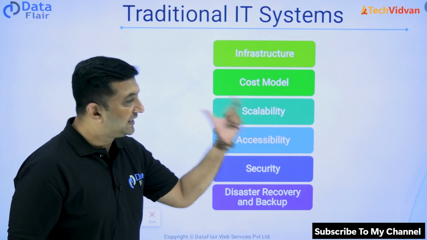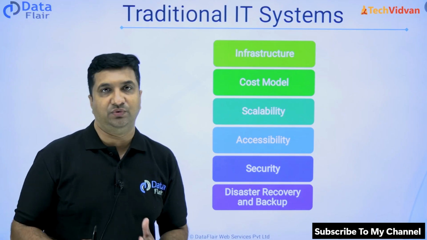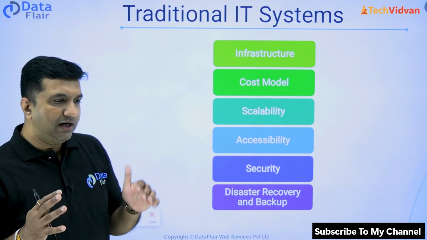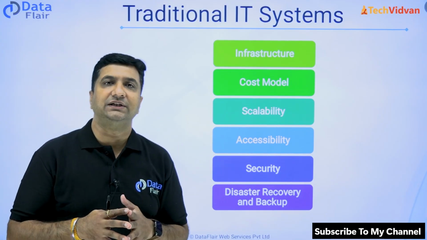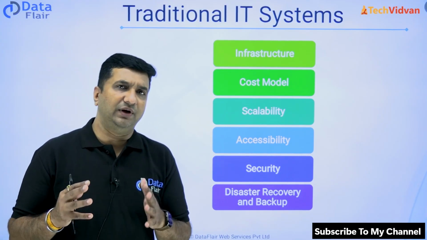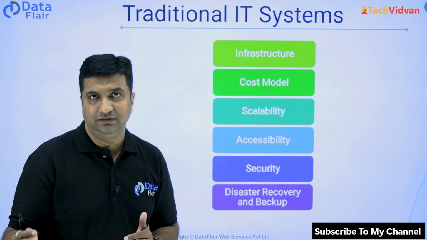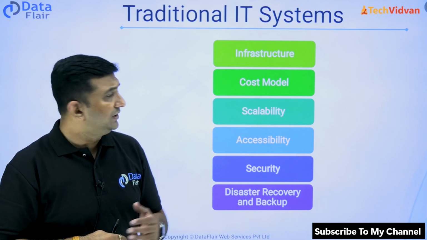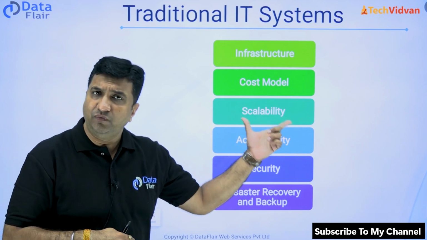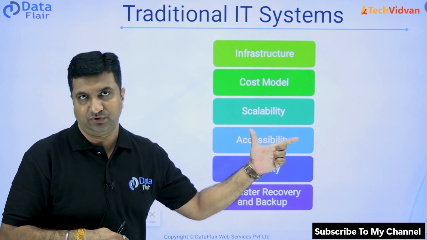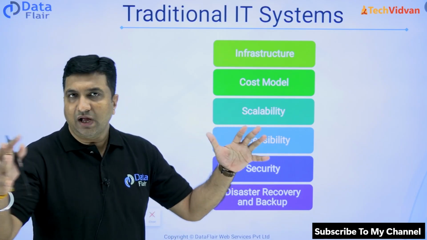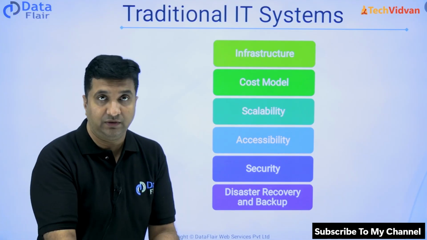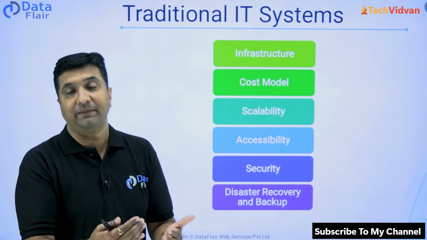Then when we talk about scalability, it's also a big issue in traditional IT systems. Just think about it. Let's say right now I have a 200 GB capacity server and I know in future I might need a 500 GB capacity server. In that case, there are a lot of limitations in traditional IT systems because when you have the whole infrastructure, it is not necessary that it will support a 500 GB capacity server.